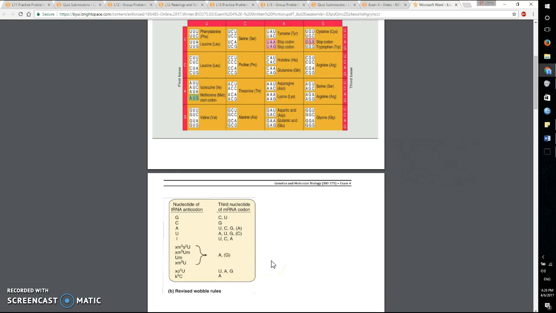And then what else we got here? We got AUG, and AUG will be 5' CAU, again according to the table of rules here.